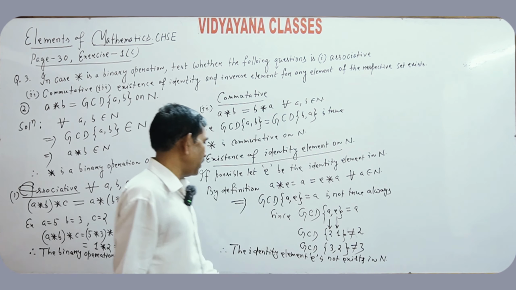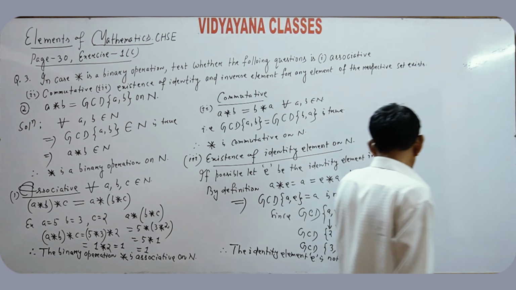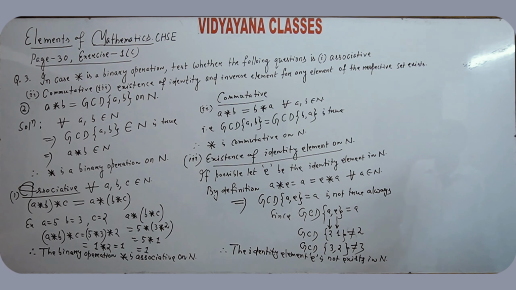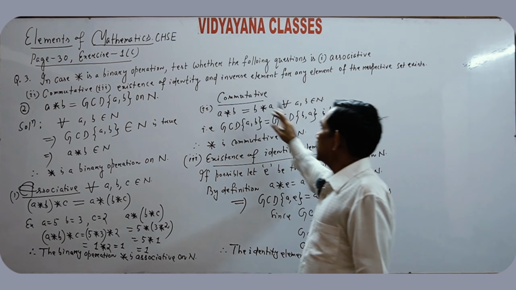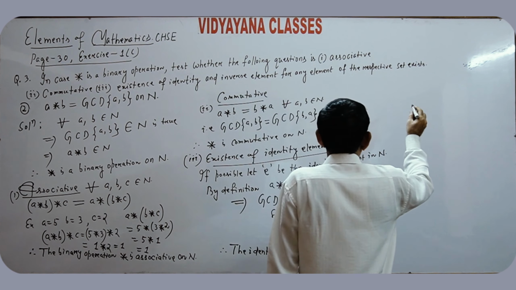The identity element does not exist in N. Okay. Last, inverse element.